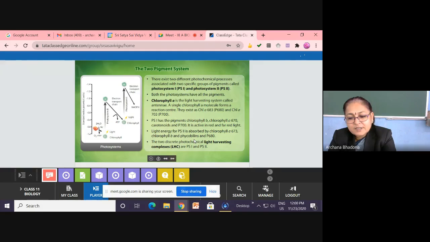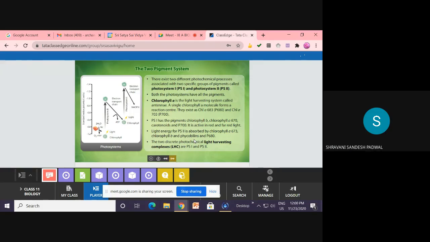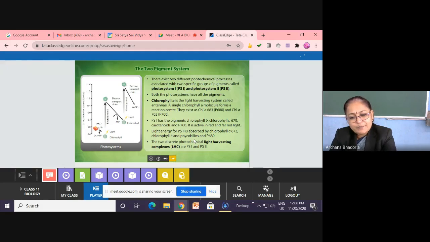Okay, so what is the meaning of this reaction center P680? Why are you naming it as P680? Ma'am, it is the wavelength of the light that is absorbed. It means these chlorophyll pigment molecules will absorb light rays of wavelength 680.